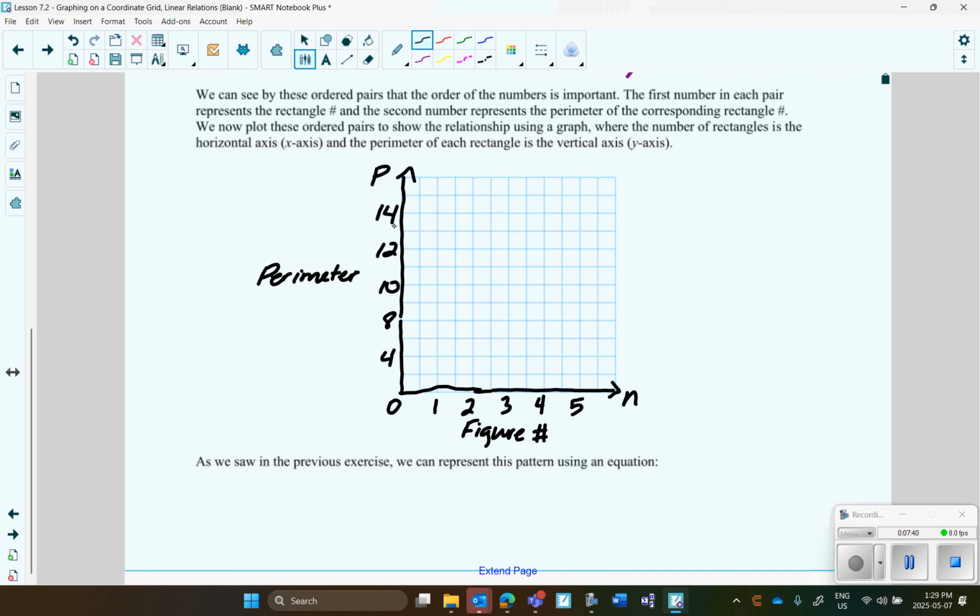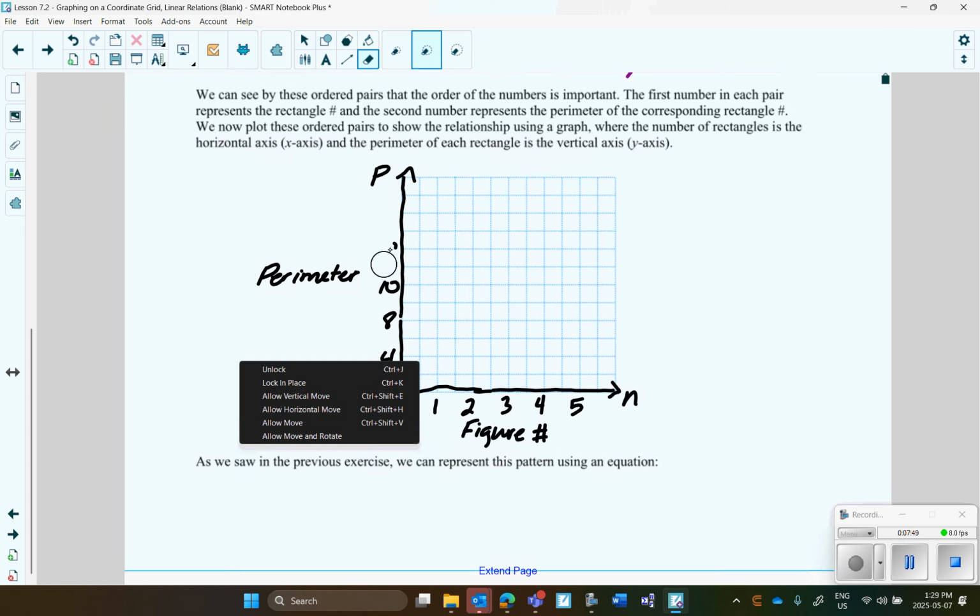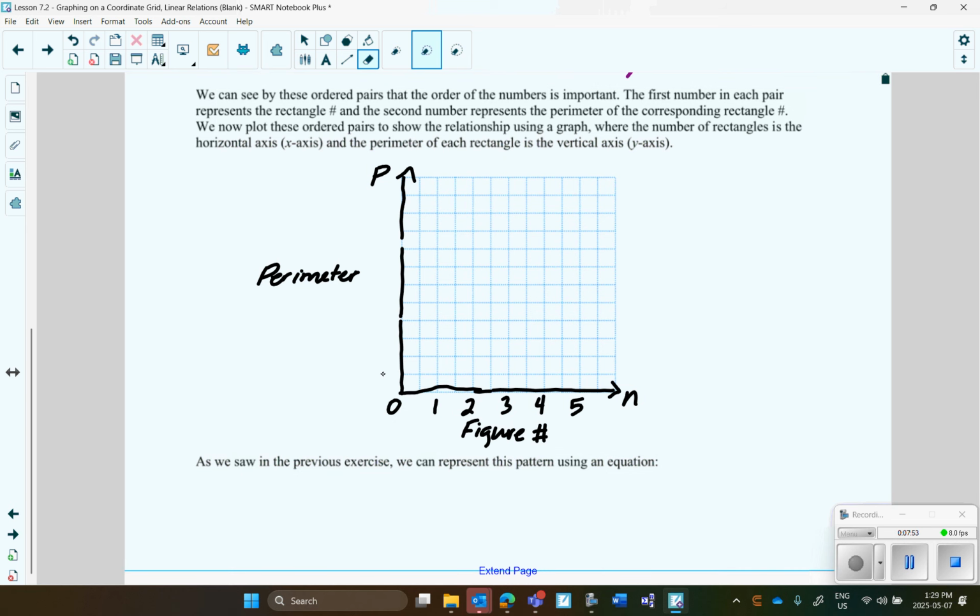Oh, wait a minute. I made a mistake. 2, 4, 6. I made a big mistake. 2, 4, 6, 8, 10, 12. Yeah, sorry. So 2, 4, 6, 8, 10, 12, 14. I don't have to go any higher.